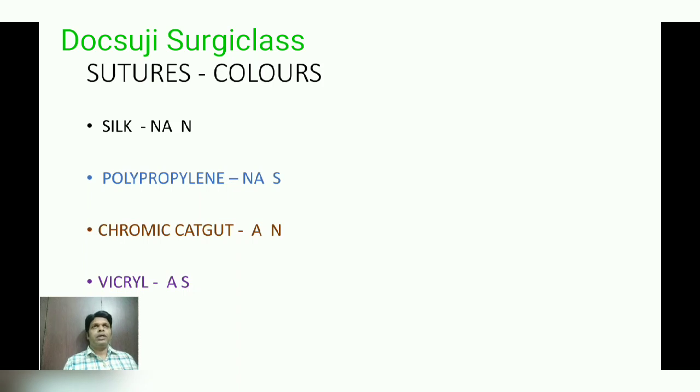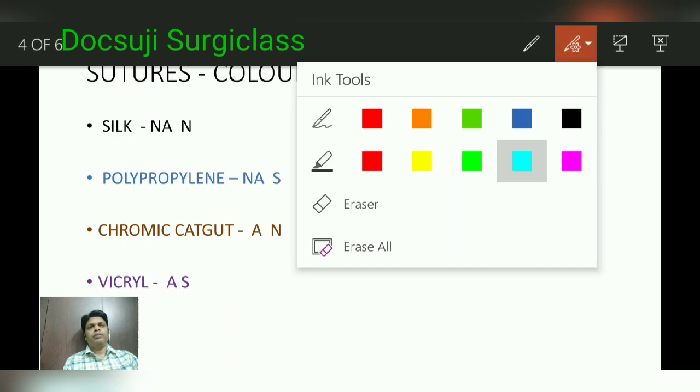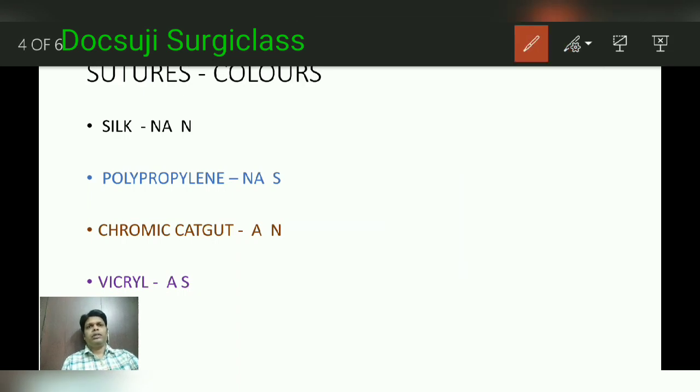So I will give some clues to find how you will identify the suture material. Suppose intraoperatively somebody is holding a suture material and you want to find out. These are some clues, the suture material along with the colors. Silk is non-absorbable and natural, which is black in color.